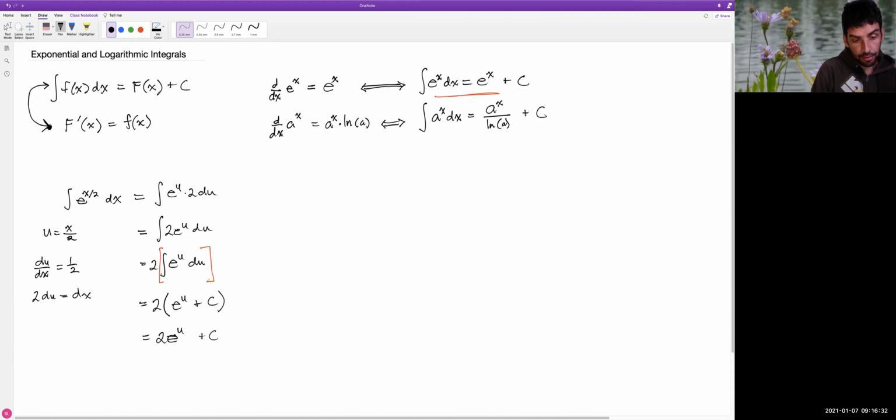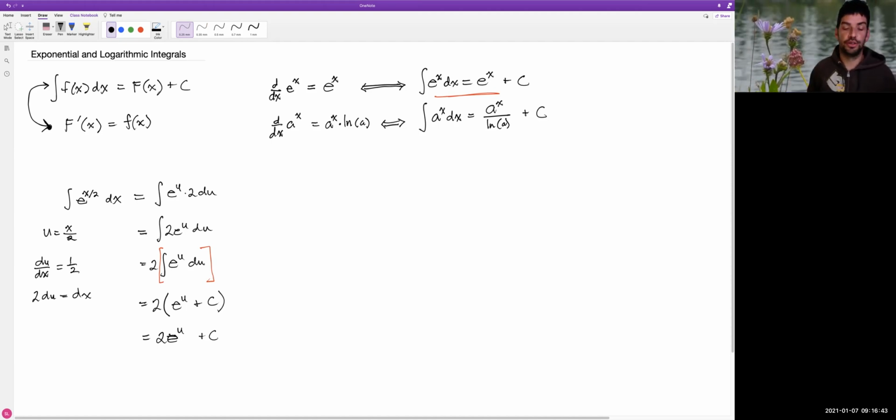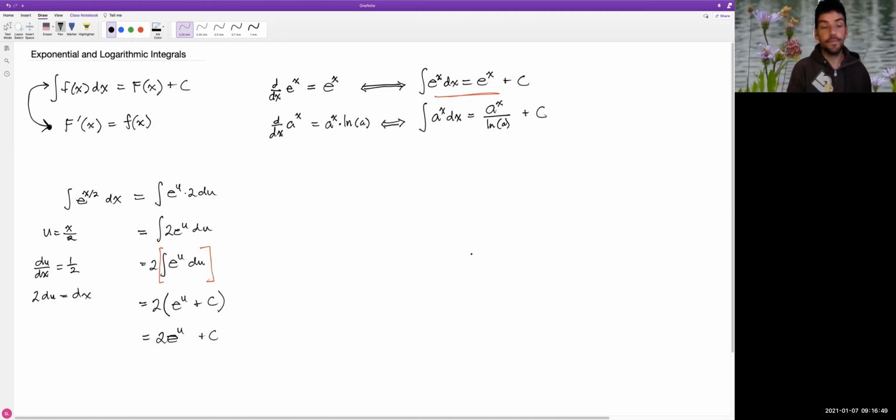You might ask why I haven't written plus 2c and distributed that. We're pretty casual with constants. That c represents an arbitrary number. 2c is just an arbitrary number, and it doesn't really make it any clearer to have the 2 there, so we typically just write the constants on their own.